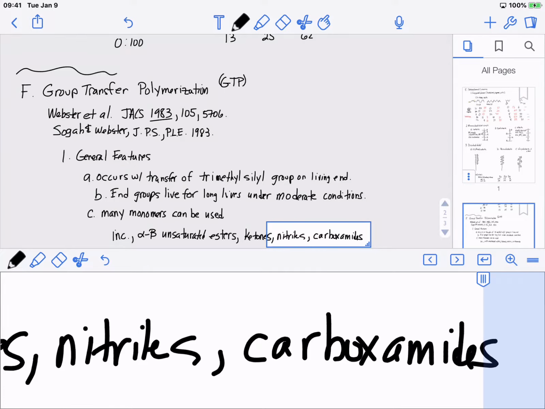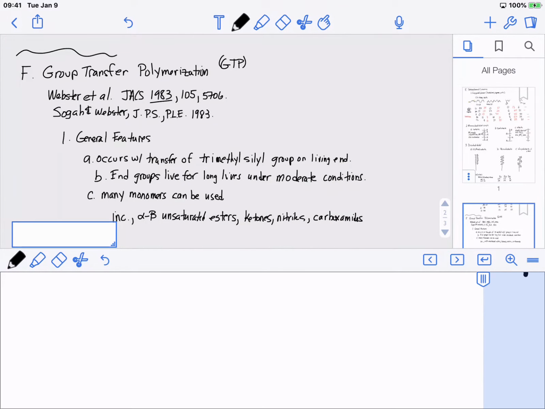Okay, so quite a few. Look up if you're not familiar with each of those groups. Look them up so you have an idea of the structures.